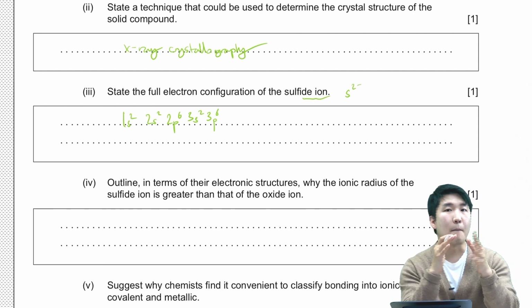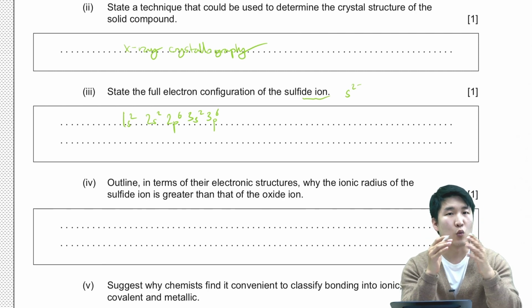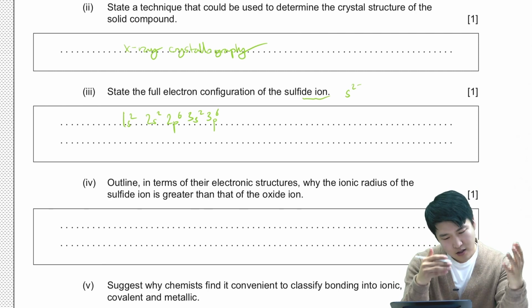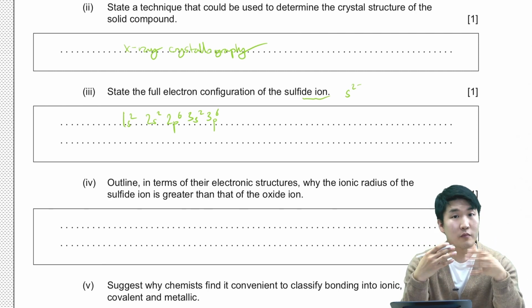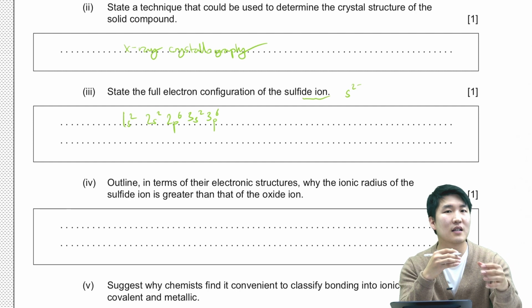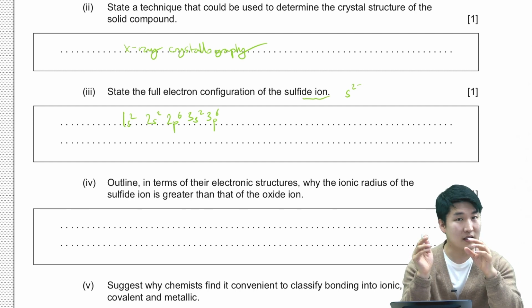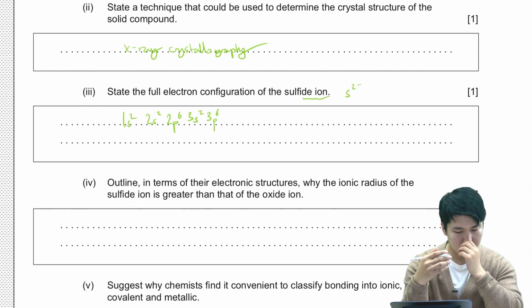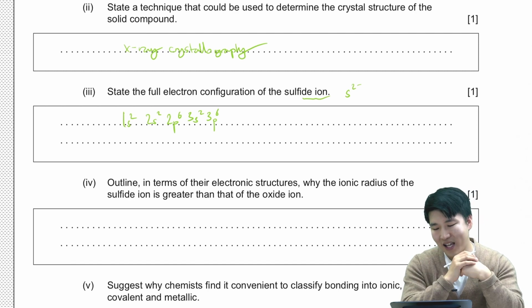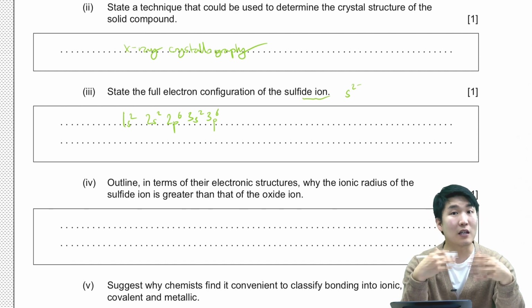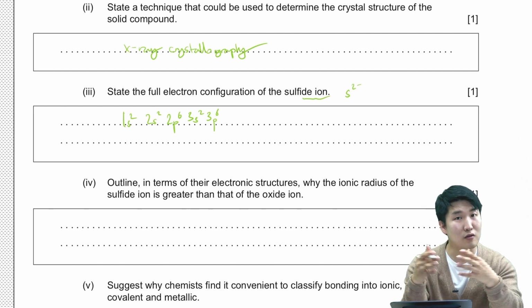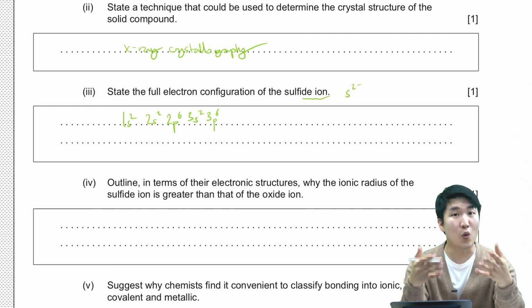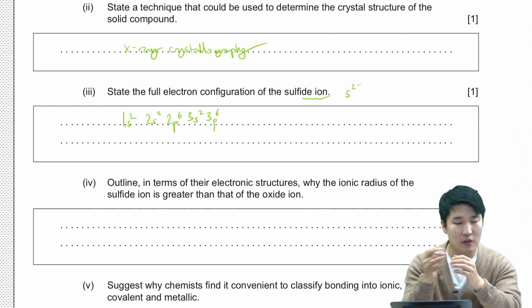Ionic radius, comparing sulfide with oxide ion. The oxide ion comes from oxygen, which is in the same group, 16, as sulfur. So we know that down the group there will be an increase in ionic radius, and that is simply because there are more electron shells.